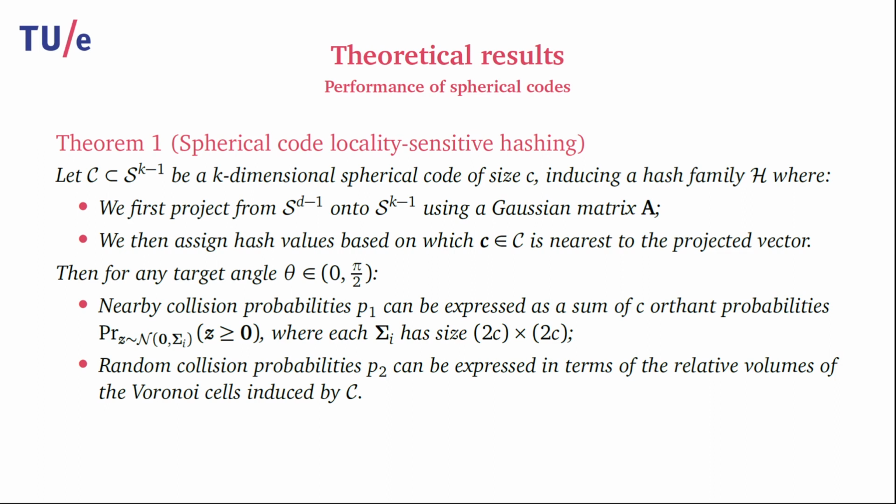And so here this theorem states that given any spherical code, this induces some kind of hash function where you first project and then you assign hash values based on the Voronoi cells of these code words. Then for any target angle, you can express the collision probability P1 in terms of orthant probabilities of a multivariate normal distribution.